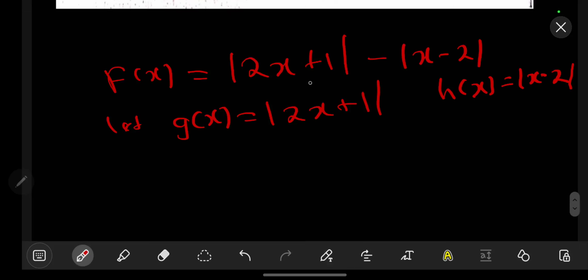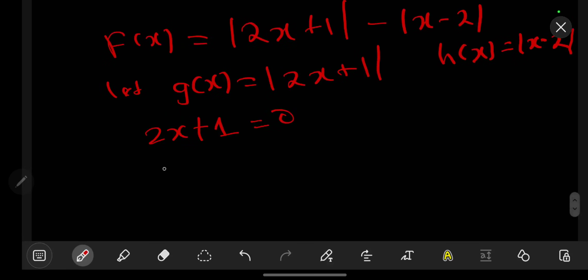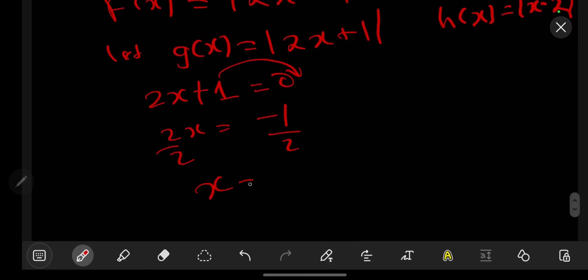Redefine this as a piecewise function. First, get this equated to 0. So find 2x plus 1 equated to 0. You are going to have 2x equal to negative 1. Divide by 2. Your x value is equal to negative 1 over 2.